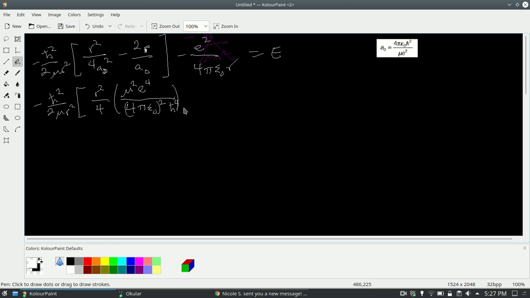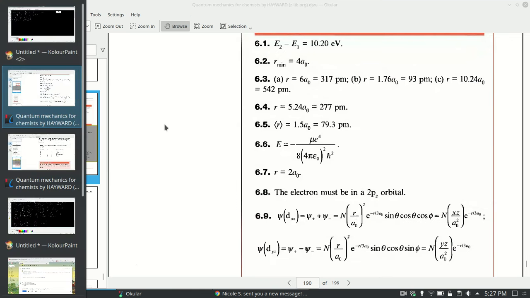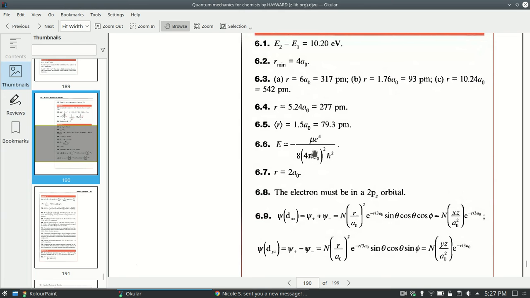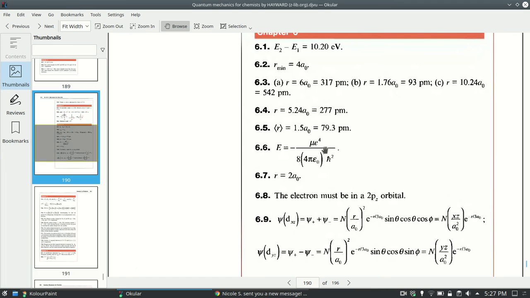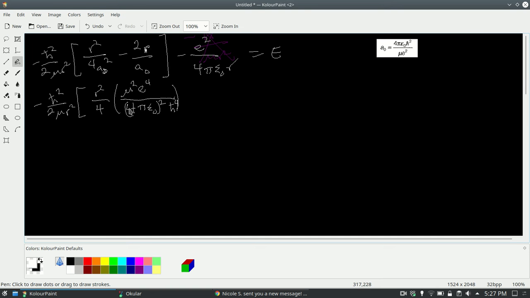H bar to the fourth, right? Now, why did I put this in parentheses squared? It's because I noticed that it's in parentheses squared over here. And my goal is to make my answer look like this. So maybe putting 4 pi epsilon naught in its own squaring group would be useful. Maybe. Will it really? Not sure. I'm just trying it. We just try different things and see what works.